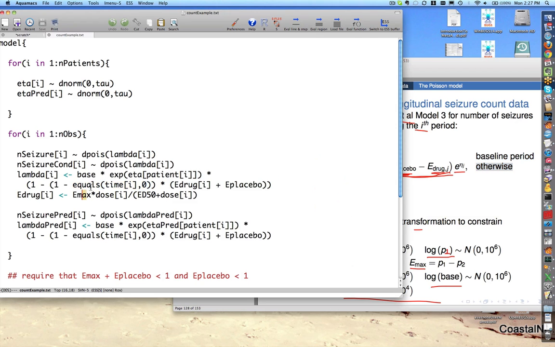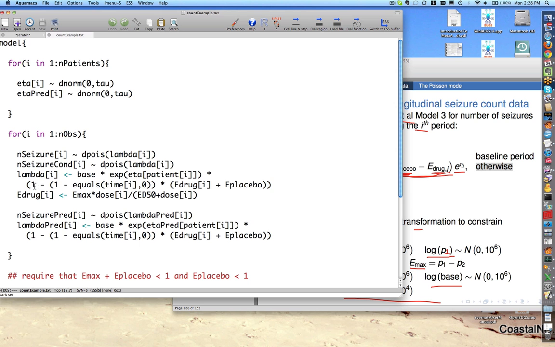That's the way I use the equals function. So when time equals 0, equals(time, 0) is going to be 1, and 1 minus 1 will make it 0, and that'll wipe out the term over here. But at any post-baseline period, this will be 0.